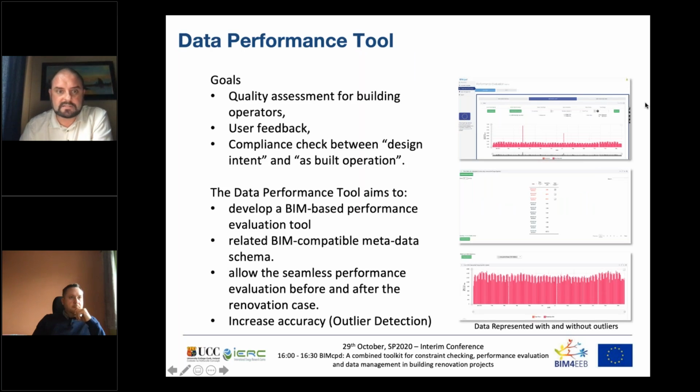So following on from that, we looked at the data performance tool, and the idea behind this is to make it easier for users to select the data that they want to analyze, and to increase the accuracy of the data by applying outlier detection algorithms such as Grubbs' test.